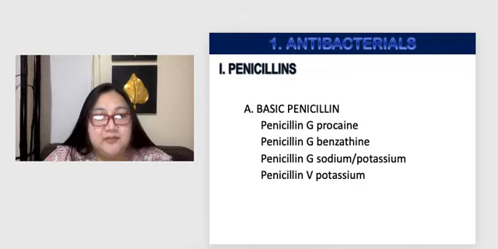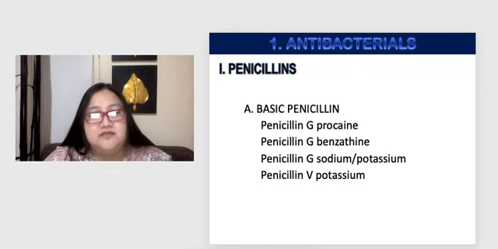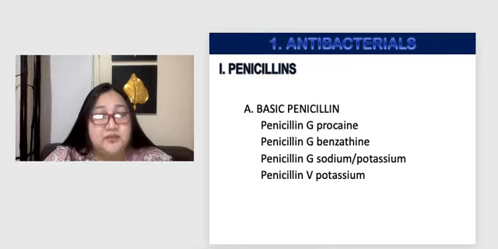Kaya nagkaroon ng parenteral. So, meron ng IM, saka IV na penicillin. Now, yun namang procaine, no? Merong Pen-G procaine. Kasi ang penicillin injection, lalo na yung IM, masakit. And the procaine has been added to penicillin to decrease pain due to the injection.